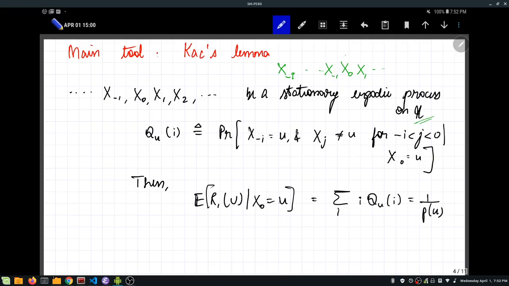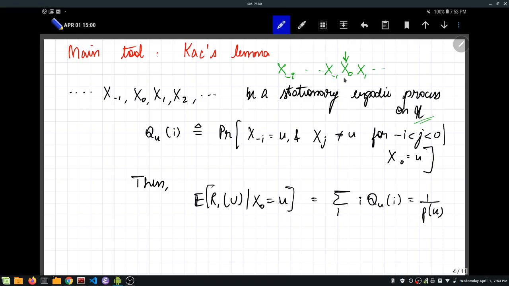If you just look at one particular symbol, x0, how far behind do you have to look in order to find a match? What is the closest match to x0? The closest match is x minus i, if x minus 1 is not equal to x0, x minus 2 is not equal to x0, and so on, up to x minus i plus 1 is not equal to x0, but x minus i is equal to x0.